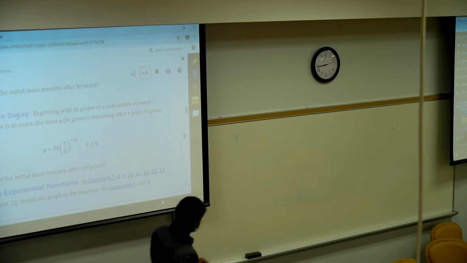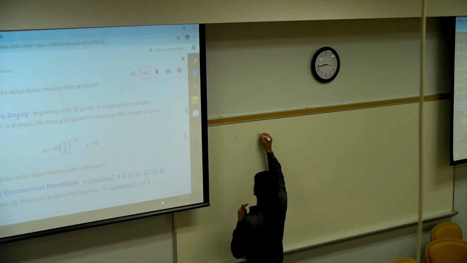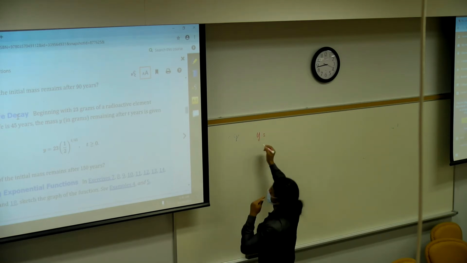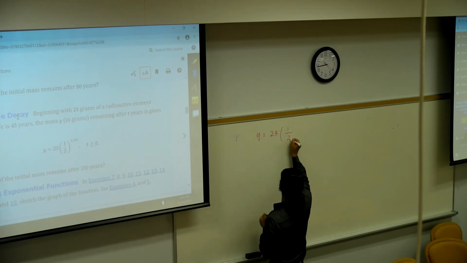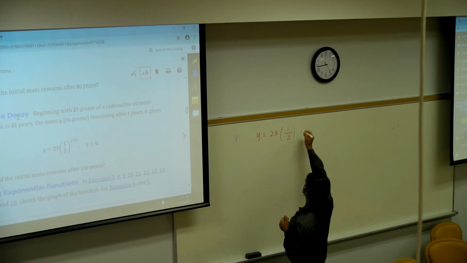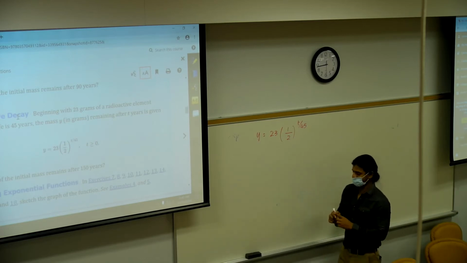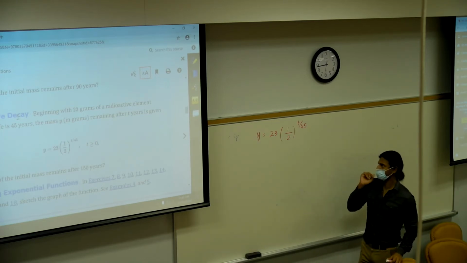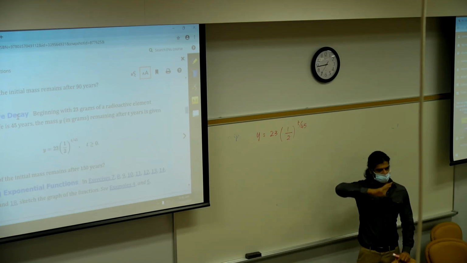So the function that we have is y equals 23 multiplied by 1 over 2 raised t over 45. Based on what I said since the beginning of class today, do you believe that this is going to be a decay or a growth?